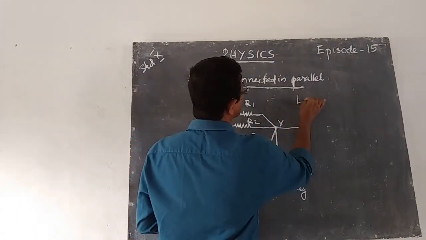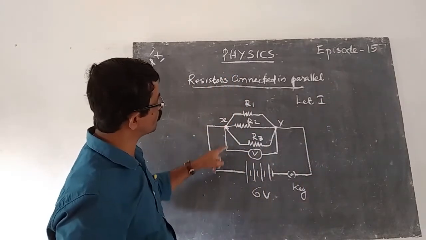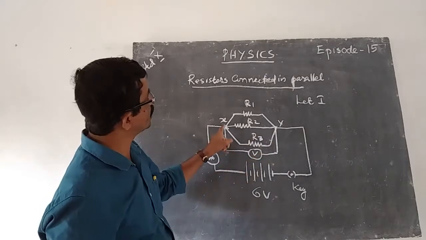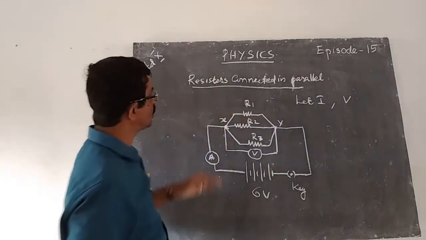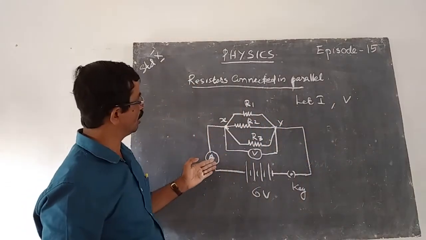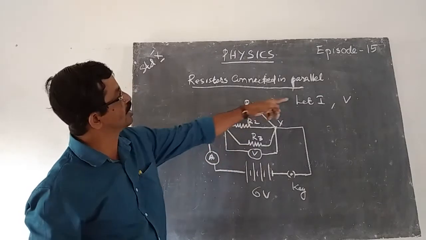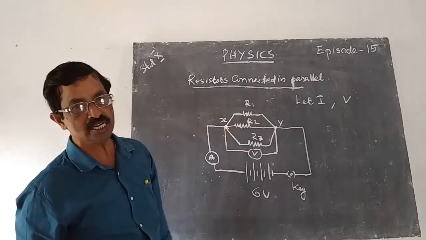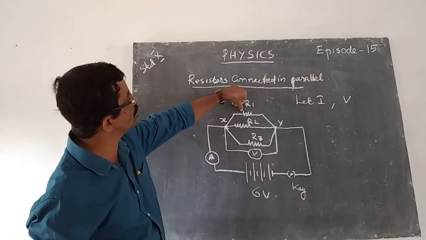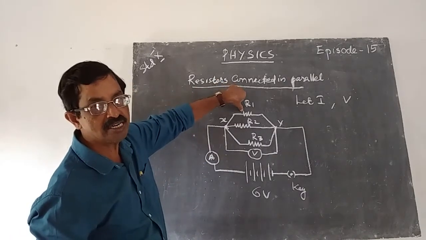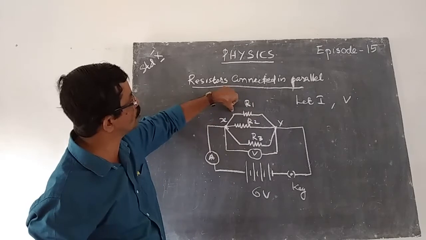Let it be I. And we measure the potential difference across these resistors, that is V. Now we are going to find the current through the first resistor R1, and also the potential difference across any 2 points of it.